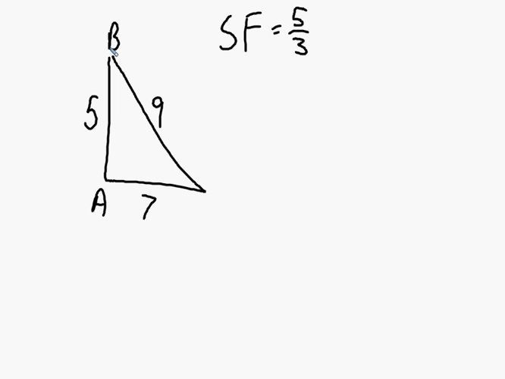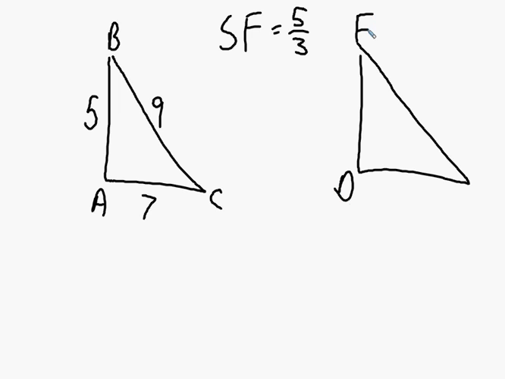A, B, C. I want you to create triangle DEF, and I don't really care if the actual size is appropriate. I'm more concerned with, are you getting the correct measurements? So I want you to find me triangle DEF's measurements.